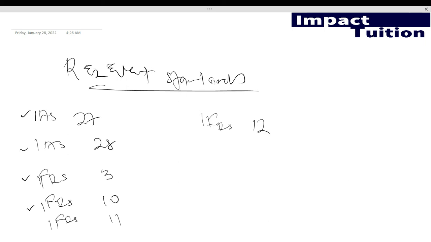In such a situation, we will apply IFRS 11. Now, IFRS 12, disclosure of interest in other entities. We will look at all of these later in detail as we proceed.